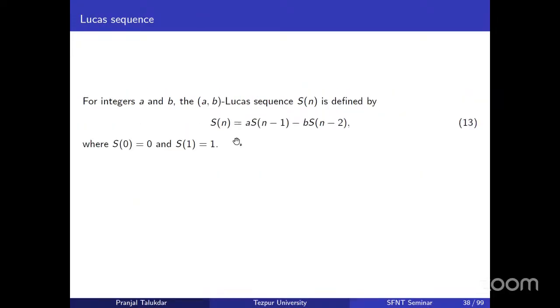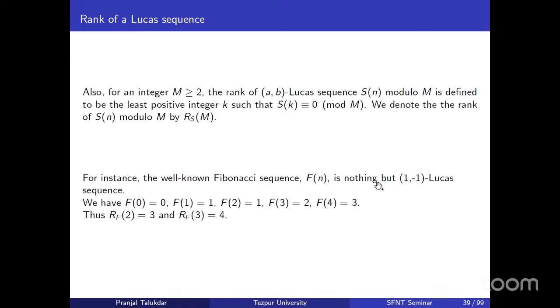So if you look closely at this formula, when we put a equal to 1 and b equal to -1, this becomes Sn equal to Sn minus 1 plus Sn minus 2. So this is nothing but the well-known Fibonacci sequence. So our Fibonacci sequence is a Lucas sequence where a is 1 and b is -1, with these initial terms, and from these terms it can be easily seen that the rank of this sequence modulo 2 is 3 and the rank of this sequence modulo 3 is 4.